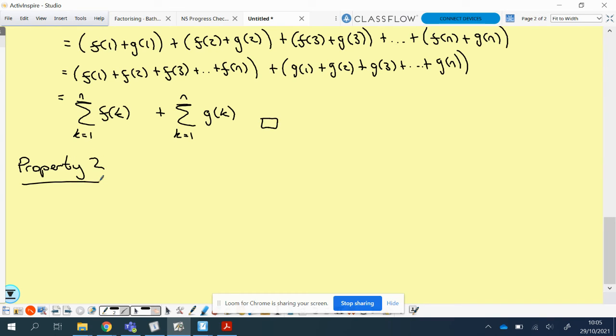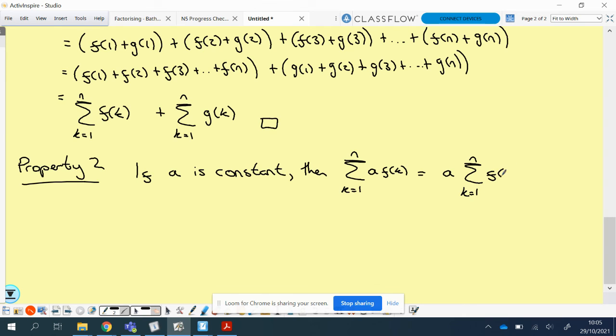Again, another very useful one for us, and we're going to be using this one a lot: if a is constant, then if we have the sum as k equals 1 up to n of a constant a multiplying a function f of k, then that is the same as the constant a multiplying the sum of f of k. The constant just comes out the front and multiplies it all.